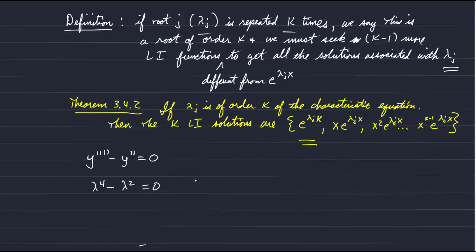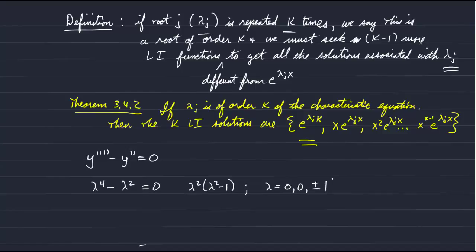And that can be written as lambda squared times lambda squared minus 1. And that gives the roots lambda is equal to 0 and 0, and plus and minus 1, so 1 and negative 1.